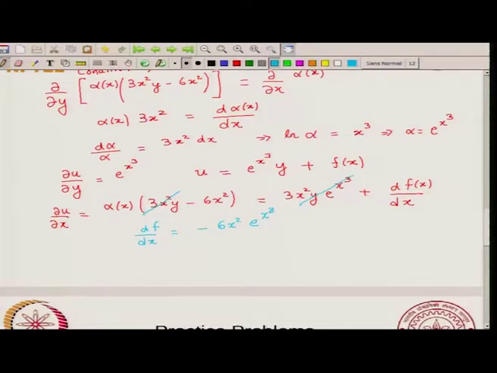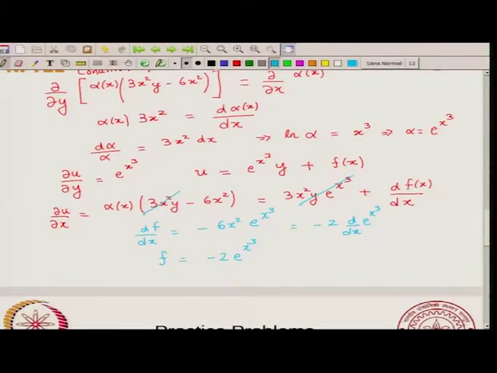Okay. And you can solve this, and you can immediately see that derivative of e raised to x cube will be e raised to x cube into 3x square. So, this is nothing but equal to minus 2 d by dx of e raised to x cube, and so what you get is that f is equal to minus 2 e raised to x cube.